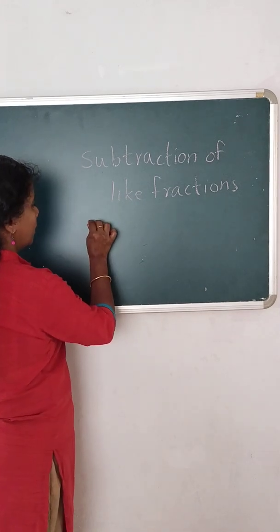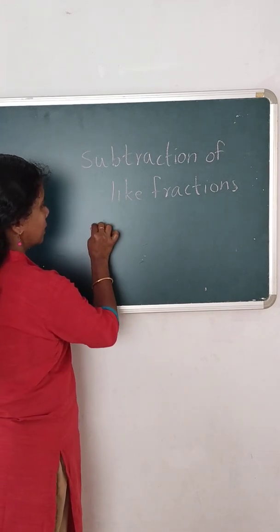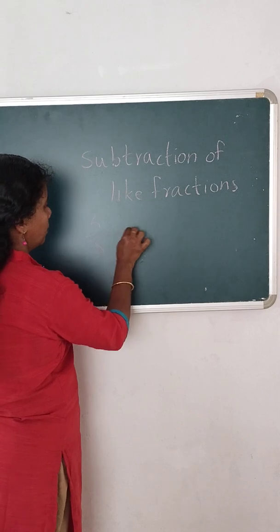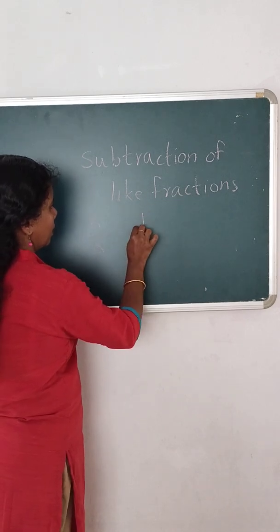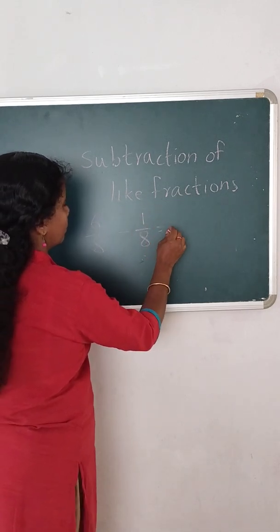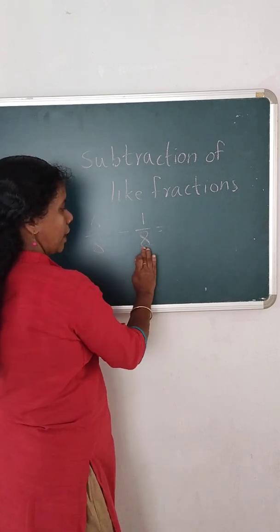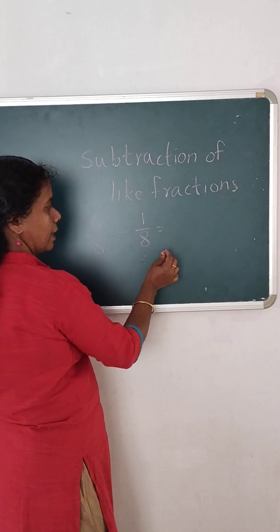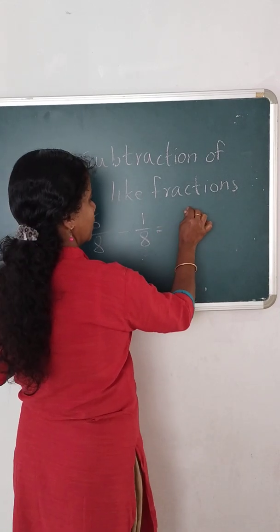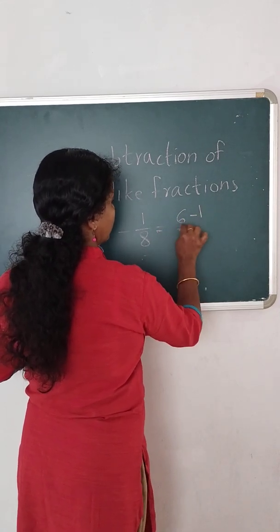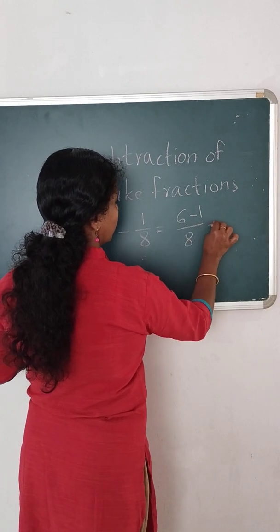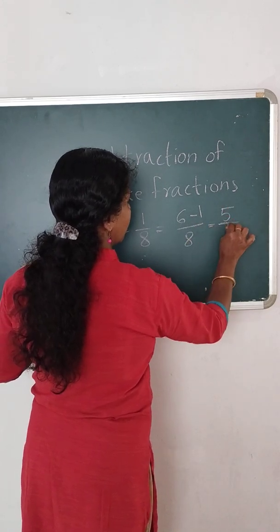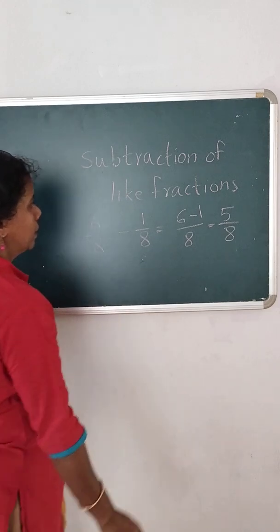Suppose we are given the fractions 6 by 8 minus 1 by 8, how will we do it? Think only about the numerators, because these are like fractions, and the denominator will be 8. 6 minus 1 by 8. What is the answer? 5 by 8.